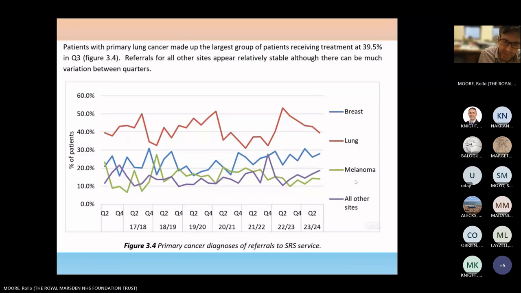So regarding the source of these lesions, primary lung is the predominant source, and breast is the second most common, in the sense of the percentage of the patients who have mets from which a primary is identified.